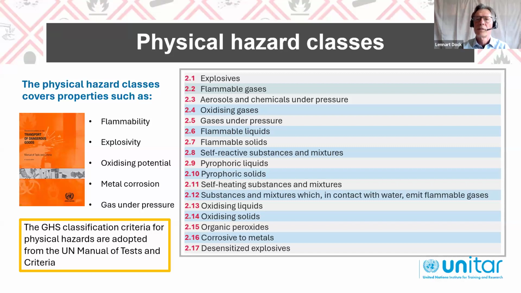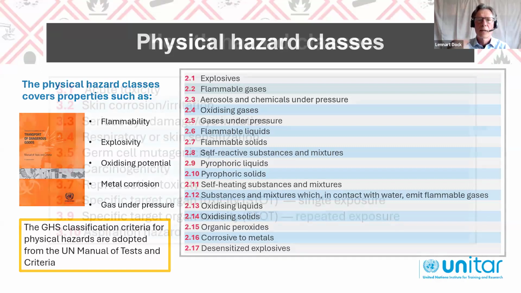So you cannot deduce the property of the mixture solely from the ingredient chemicals. But for health hazards and environmental hazards, you do not normally test the mixture, but you use the ingredient substances and their classification to classify the mixture. I hope I was able to explain that to you.